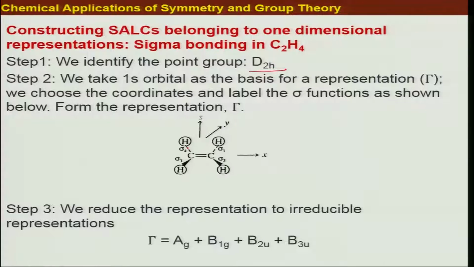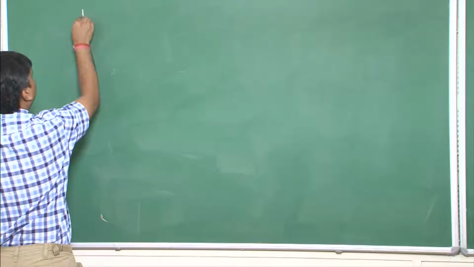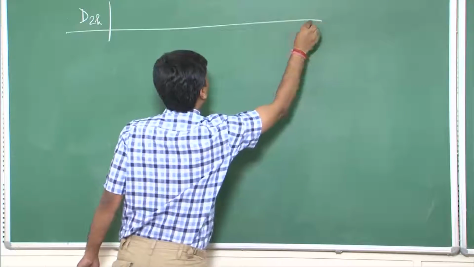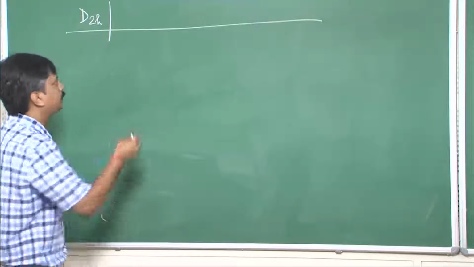So the number of basis functions in my basis set is 4, and in the D2H point group, what are the symmetry operations that I have? So D2H, right?